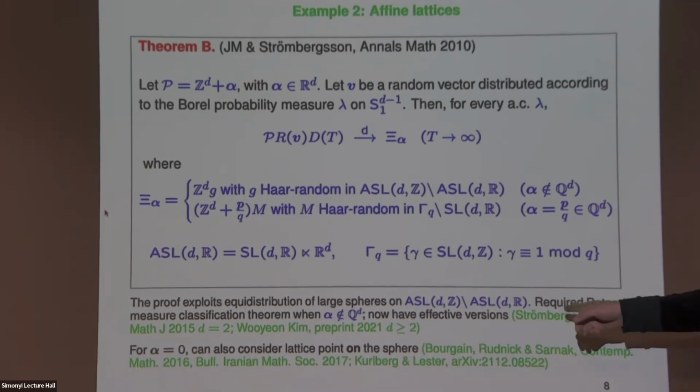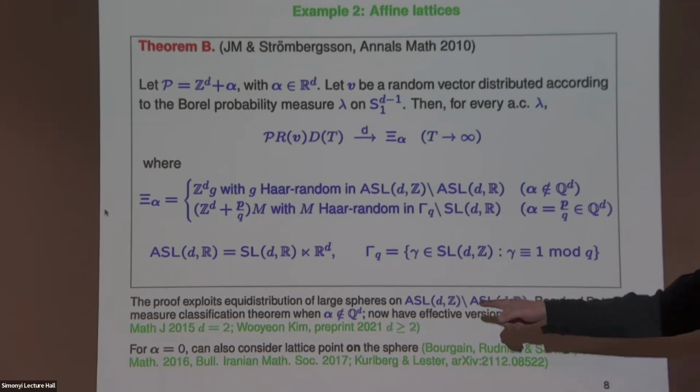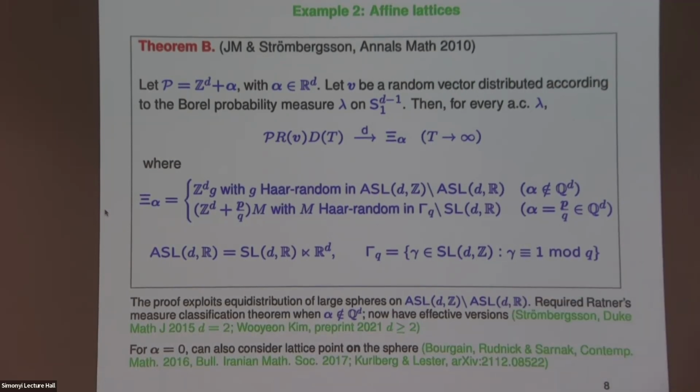First, Andreas in 2015 in the two-dimensional case, and more recently, Wooyeon Kim in a very substantial paper for arbitrary dimensions. Andreas' work uses harmonic analysis, whereas Kim's is closer to ergodic theory.